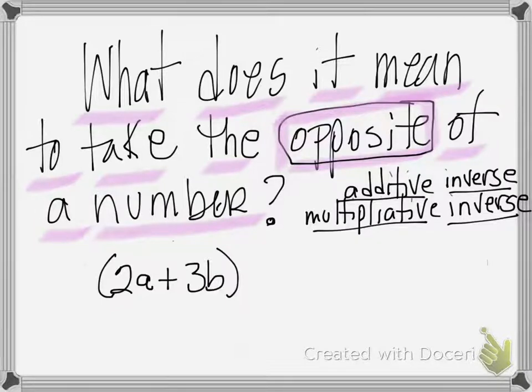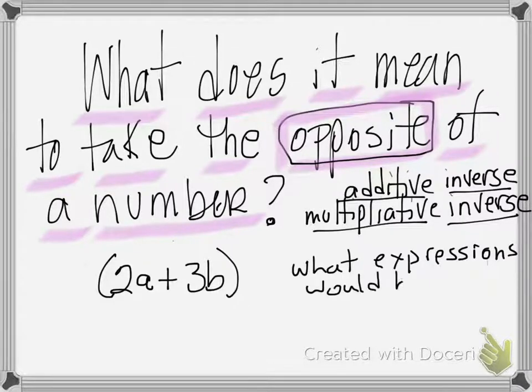What expressions would be the opposite of this one right here, this expression 2a plus 3b?